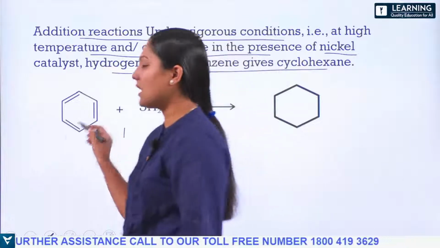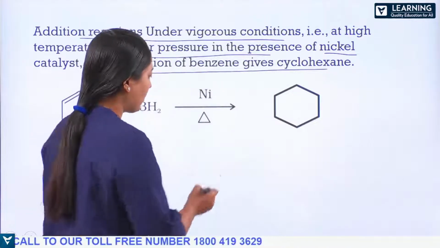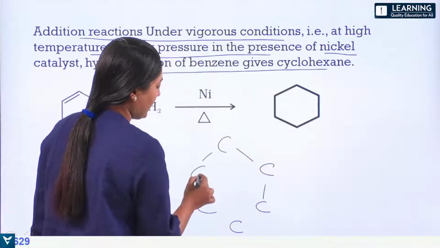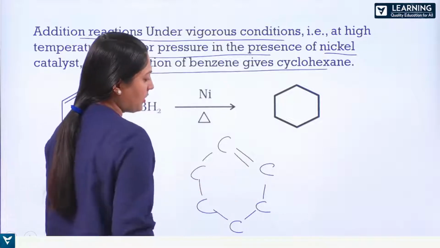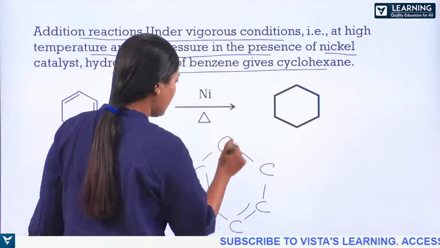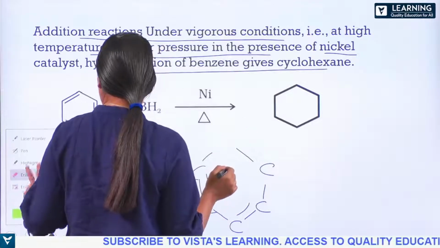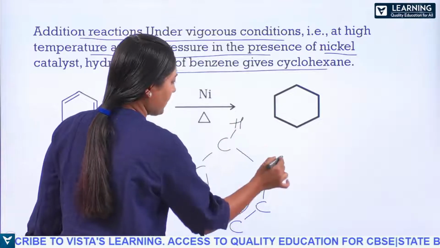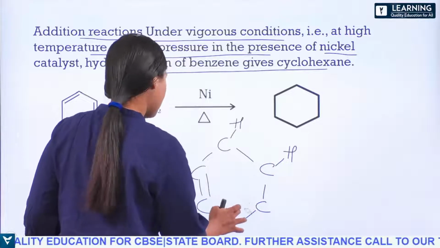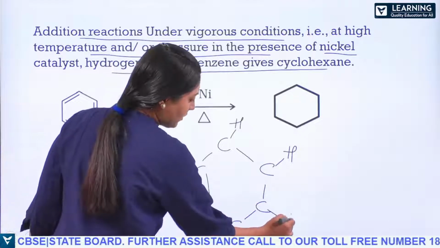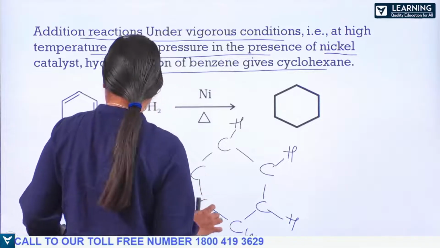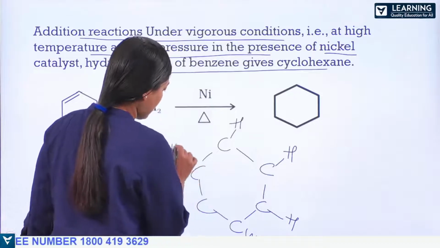What happens? Each carbon atom has a double bond, right? So the double bond will be broken and hydrogen will be added to it. Here the double bond is there; we break this bond and hydrogen is added. Further, breaking of this bond and addition of hydrogen, and similarly breaking of this double bond and addition of hydrogen.